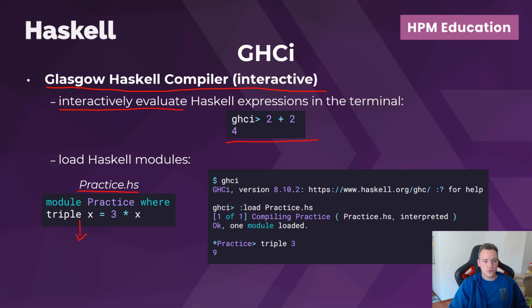If we want to load our module in GHCi, we run GHCi from the terminal, and we use this load syntax. The colon is generally used to give commands to GHCi. In this case, we use the load command to load our practice module, and it says, okay, one module loaded, and now we can use the triple function from the module.